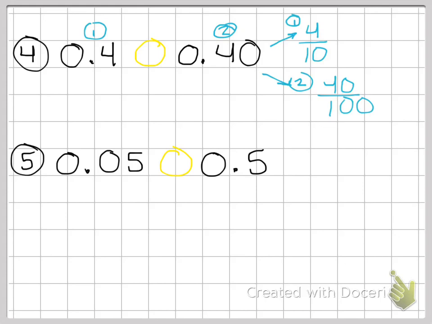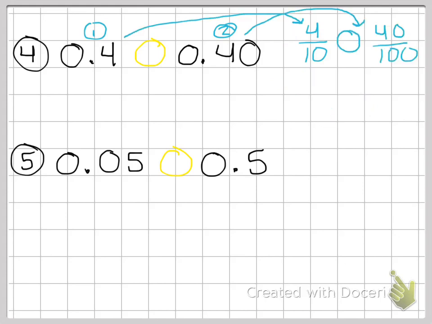So when I'm comparing 4/10 to 40 hundredths, I notice that they are equivalent, and I rewrote it to make it a little bit clearer. So I know that 4/10 and 40 hundredths are equivalent fractions. They're just written with different denominators, right? Because I can multiply the denominator and the numerator by 10 and get the same value.